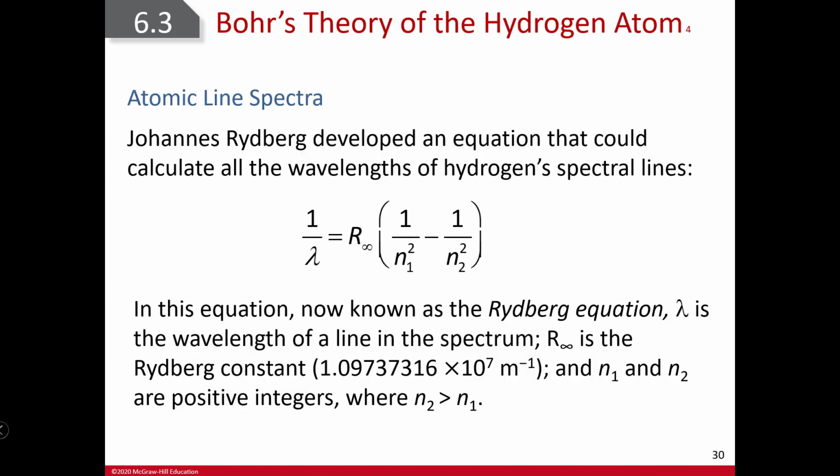All right, so after these line spectra, we have E equals h nu. We are talking about that energy is quantized, and now we're seeing that the photon's energy is also quantized. Johannes Rydberg came up with an equation that could calculate the spectral lines in hydrogen.